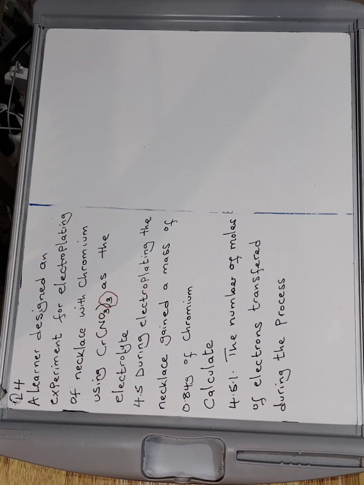Today we are looking at this question. It says, a learner designed an experiment for electroplating of necklace with chromium using chromium as the electrolyte. Then comes question 4.5, which says, during electroplating, the necklace gained a mass of 0.84 grams of chromium.